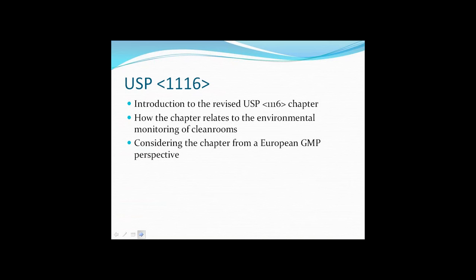One thing I'm keen to emphasize is how the USP chapter relates to EU GMP. And there are some differences, and in this sense a degree of caution is required. So part of the emphasis of this talk is to look at the USP in the context of the European perspective.